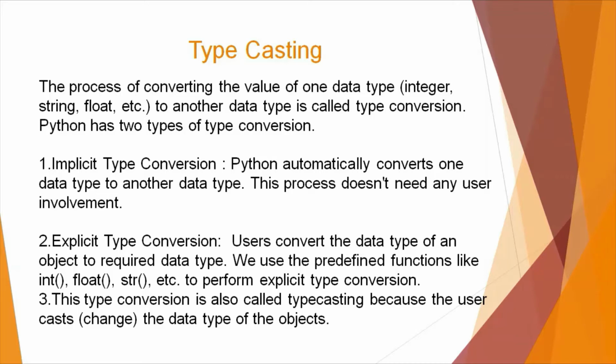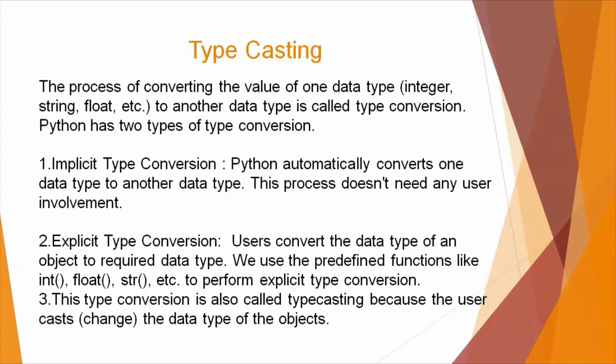This process doesn't need any user involvement, whereas in explicit type conversion, users convert the data types of an object to the required data type. We use the predefined functions like integer, float, string, etc. to perform explicit type conversions. This type conversion is also called typecasting because the user casts, that is, changes the data type of the object.